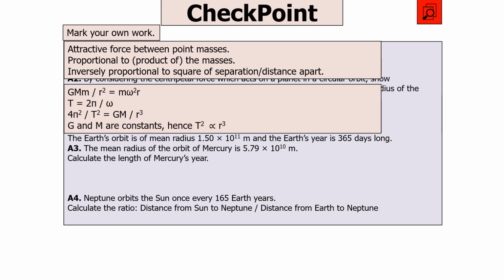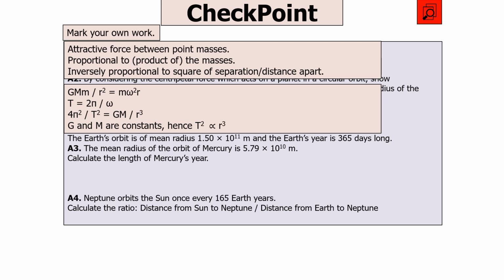Now in this next question, we can link that the centripetal force in this context is the gravitational force of attraction. So the general equation for the gravitational force is GMm over r squared, and the general equation for centripetal force is m omega squared r.